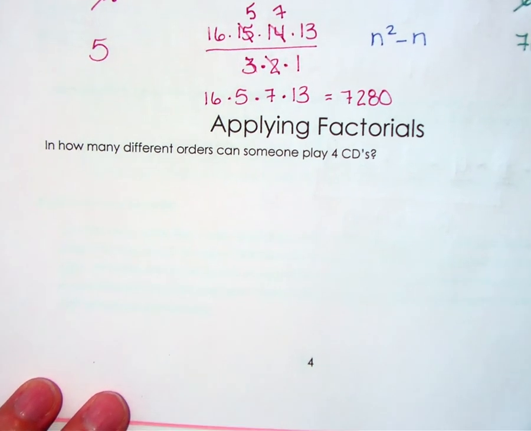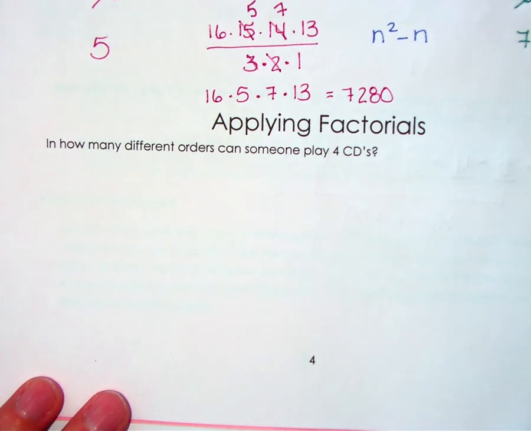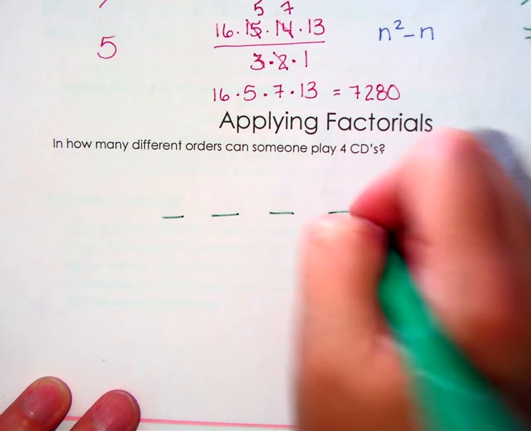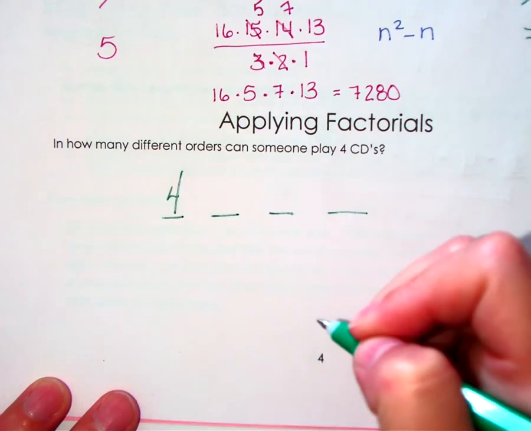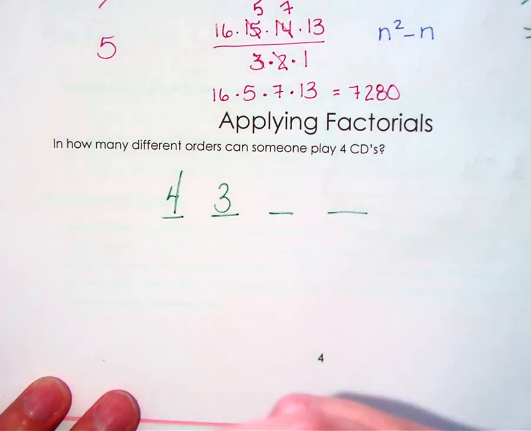Okay. How many different orders can someone play 4 CDs? This is important so that you know for tomorrow. Not that any of you are playing CDs, but just in case you might be. How many different combinations can we play 4 CDs? 4 factorial. Because your first option, you have 4 CDs to choose from. Your second option, you only have 3 CDs to choose from because you already picked one.